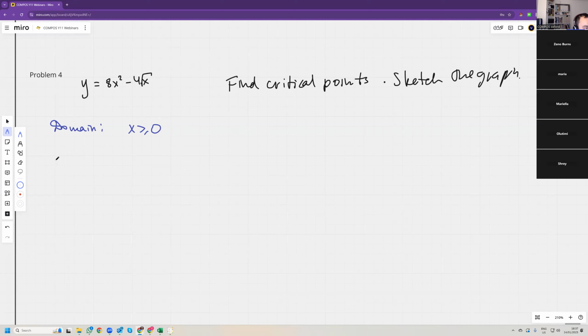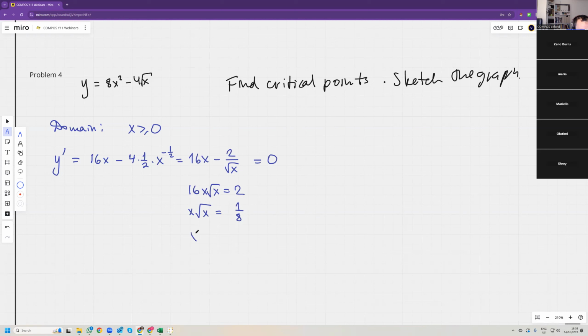And now let's find the derivative. So that would be 16x minus 4. So it's 4 times a half times x to the power minus a half. So that would be 16x minus 2 over root x. We want to find where this is 0. So we solve that. So 16x times root x equals 2. x root x equals 1/8.